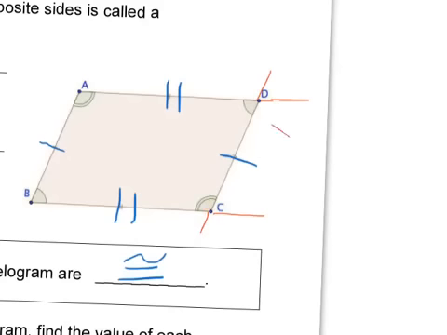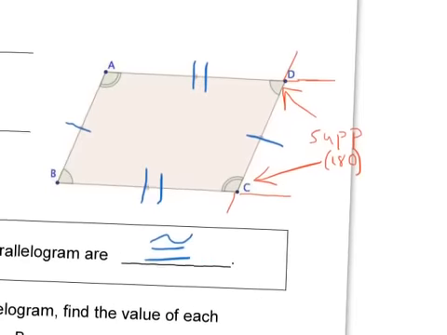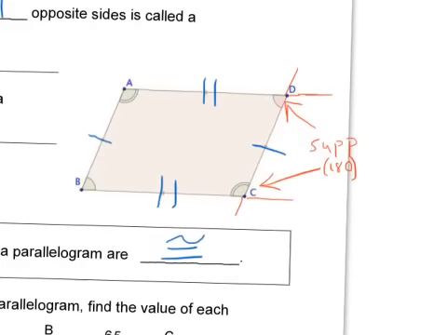And we learned back in, I think, chapter 3, that same side interior angles of parallel lines are supplementary, so they add up to 180. That's going to be true with any consecutive angles, any angles that are right next to each other. So in a parallelogram, these two are supplementary, these two are supplementary, and these two are supplementary.